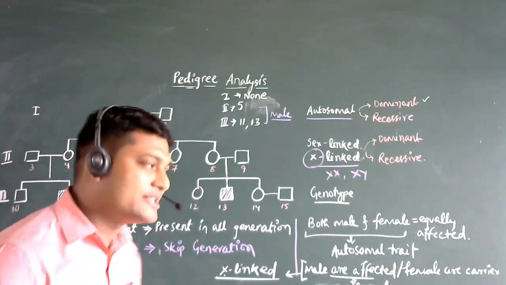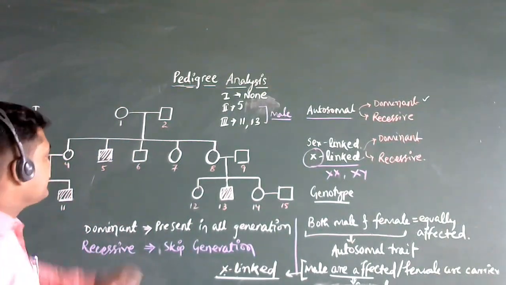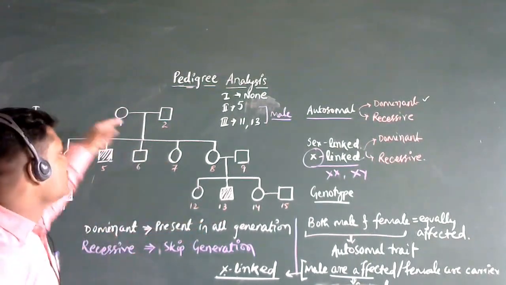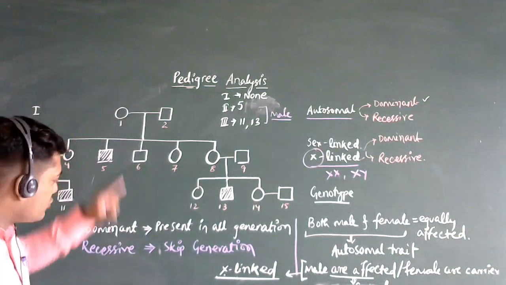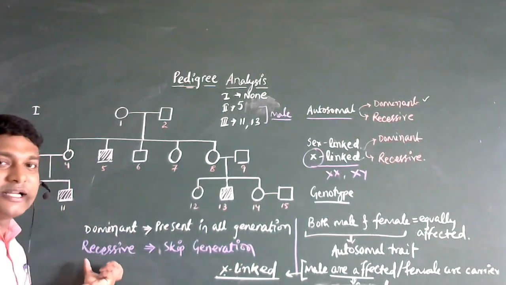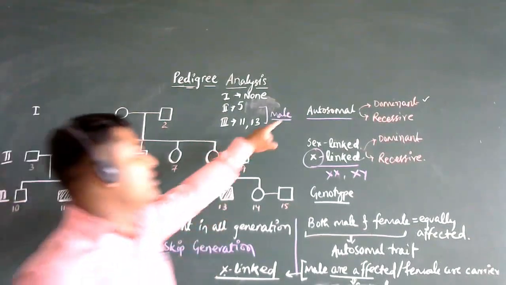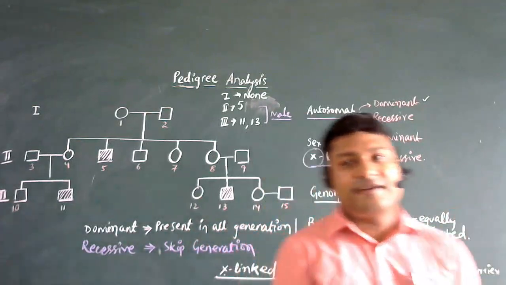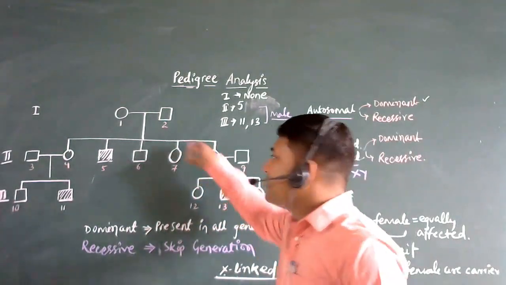To summarize, I will tell you a very simple way. First thing I am going to see is whether they are present in every generation or not. So they are absent in generation 1. So I'll come to the conclusion that they're skipping a generation, so the trait is going to be recessive. Now, second thing I have to find out: autosomal or X-linked. As I said earlier, if both male and female are affected, I go for autosomal; here I see that only males are affected.